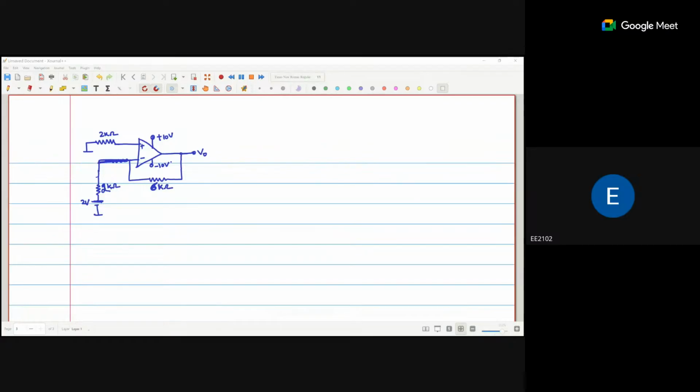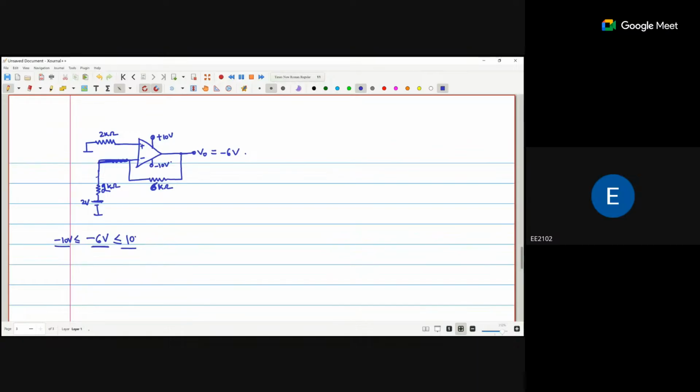Okay, so we are getting the output voltage V out is minus 6 volt. This minus 6 volt lies between plus 10 volts and minus 10 volts. That means the output voltage of minus 6 lies within the range of the supply signal, minus 10 and plus 10.